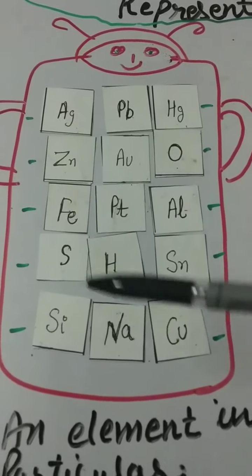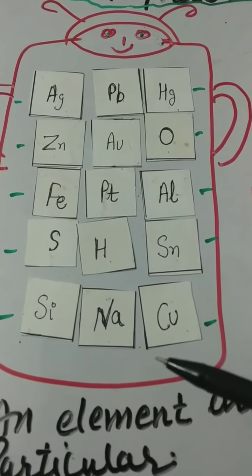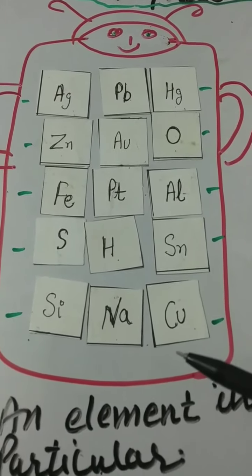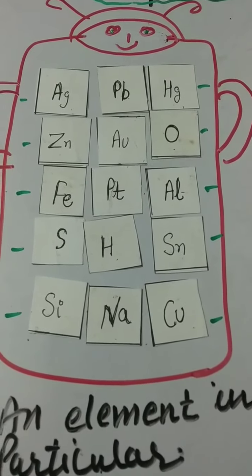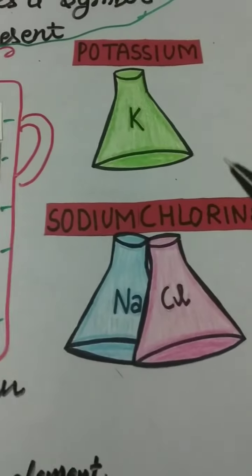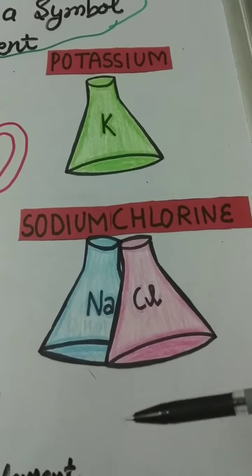In the given figure, I have pasted a number of symbols, and I hope you can identify which symbol represents which element. Similarly, some elements I have shown this side.